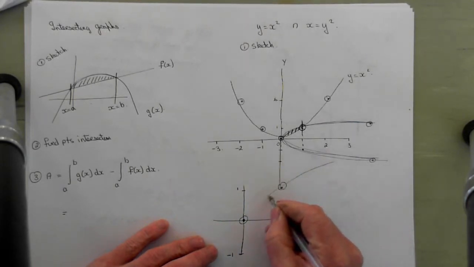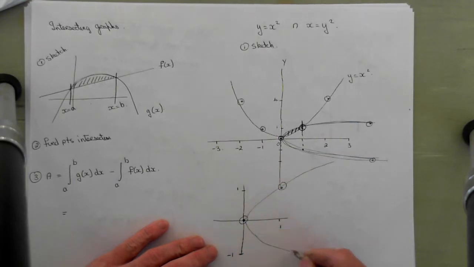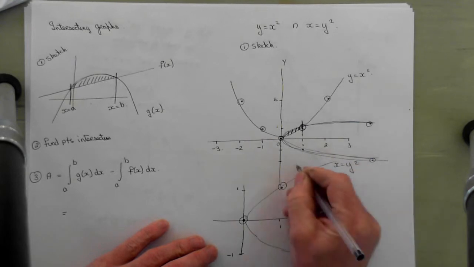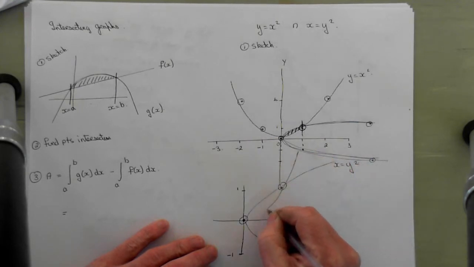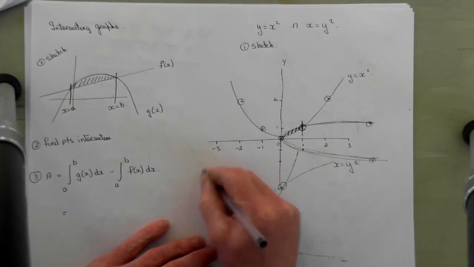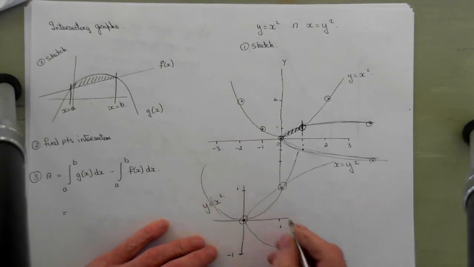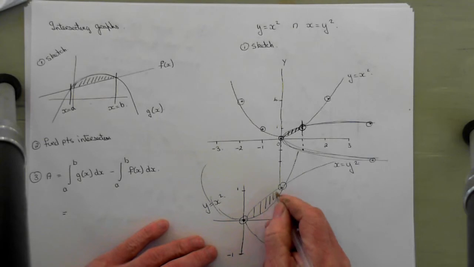Which graph is that? X equal to y squared. And there's the other graph. What graph is that? Y equal to x squared. And that's the bounded area.